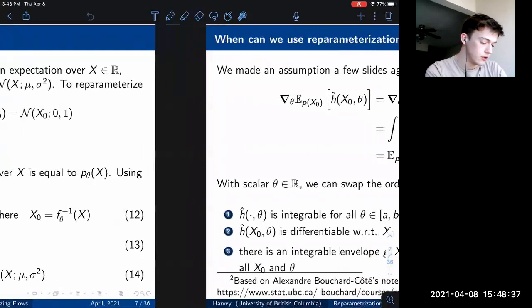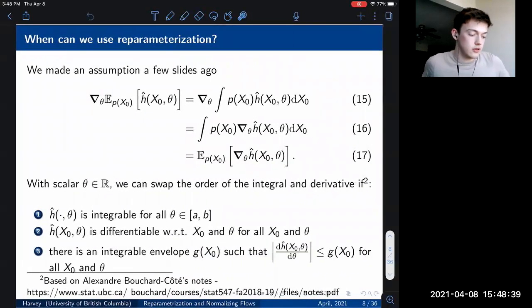And so now we want to revisit an assumption we made a couple of slides ago when we were doing this derivation for moving the gradient symbol inside the expectation.